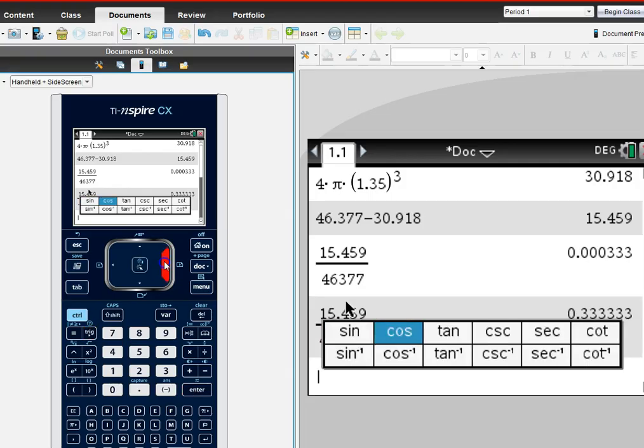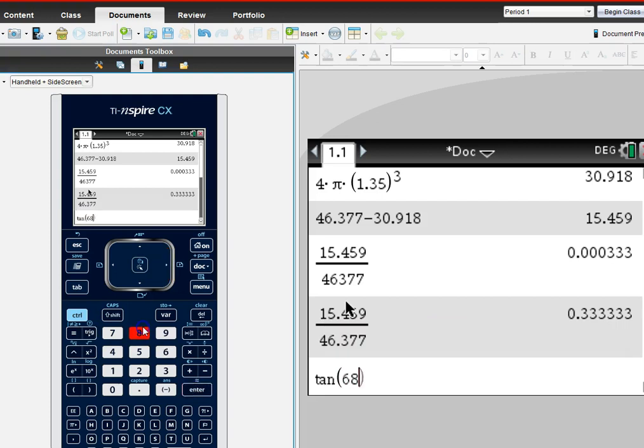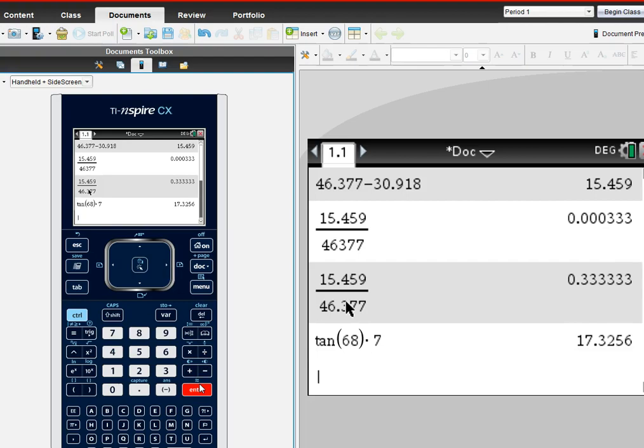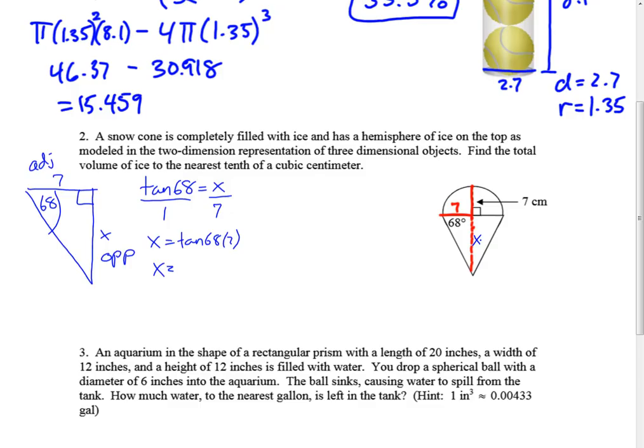So the tangent of 68 times 7 is 17.3256. That's going to be this value right here. So basically what we have here is the volume of a cone plus the volume of the hemisphere.